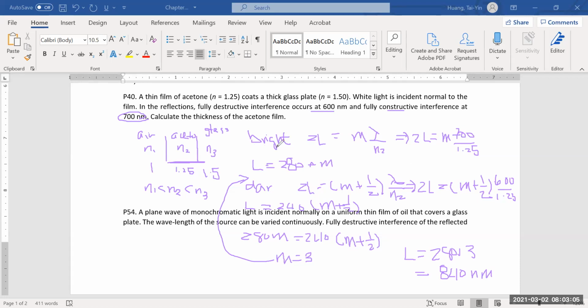So that's why you apply the equations, one for the bright fringe and one for the dark fringe, and then set them equal. Because you're using the same film, L has to be the same. Then you can set them equal to each other to calculate your M, and once you have your M, plug into that one to give you the thickness. Okay, so that's basically how you would approach this problem.